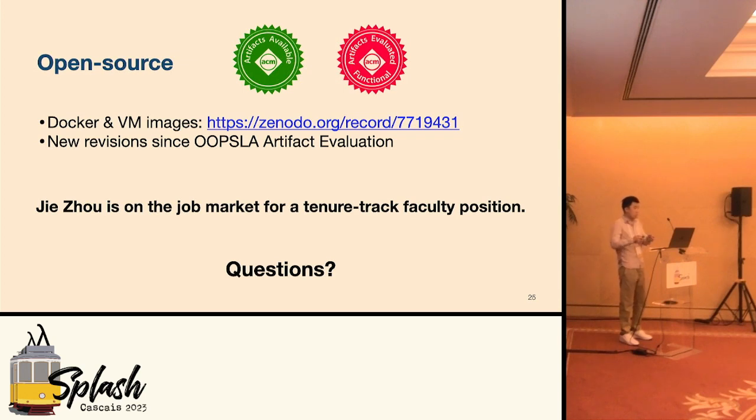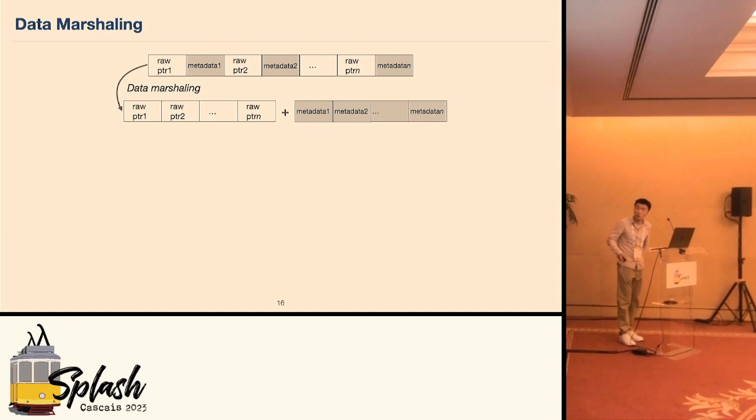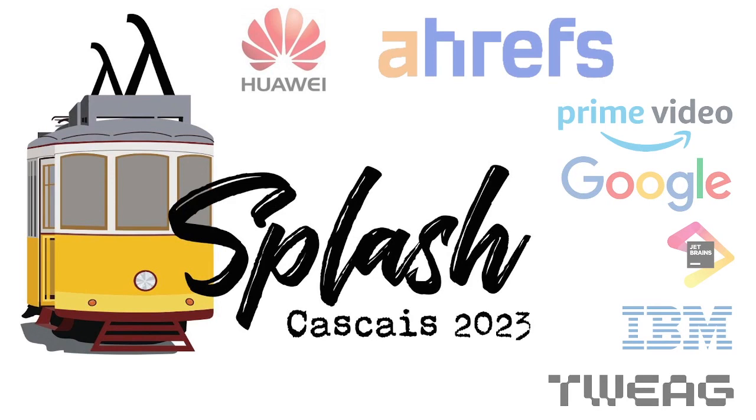Yeah. It looks like this. So this is the API. Basically, if you have an array of checked pointers, you pass this array of pointers as arguments to our marshalling API, and it's pretty straightforward.